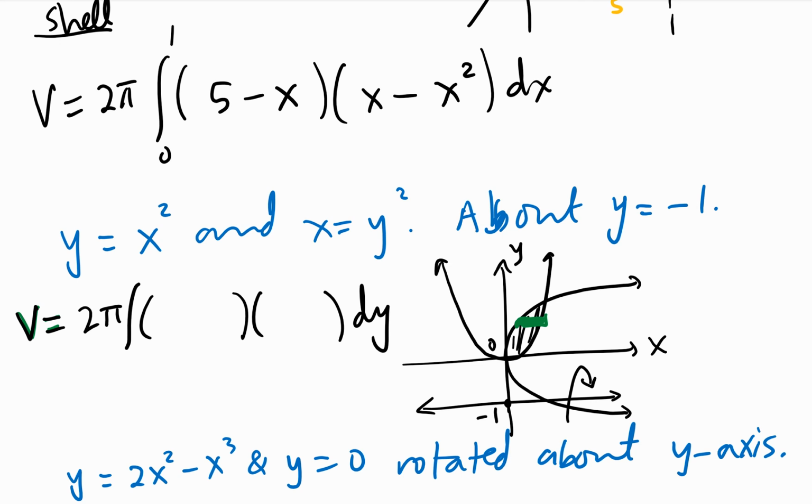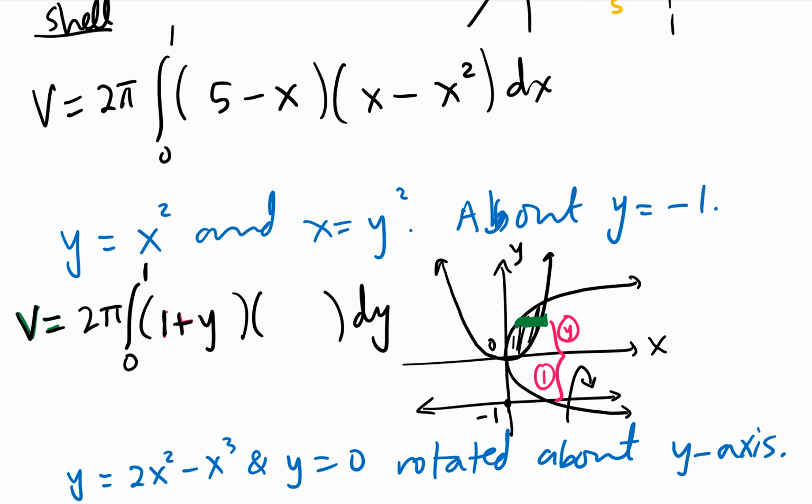How am I going to find the rest of them? The first thing, this. What is this? That's 1 plus y. But this y, what is it? Just a y distance. We don't change anything with it. So just 1 plus y. And this still goes from 0 to 1.